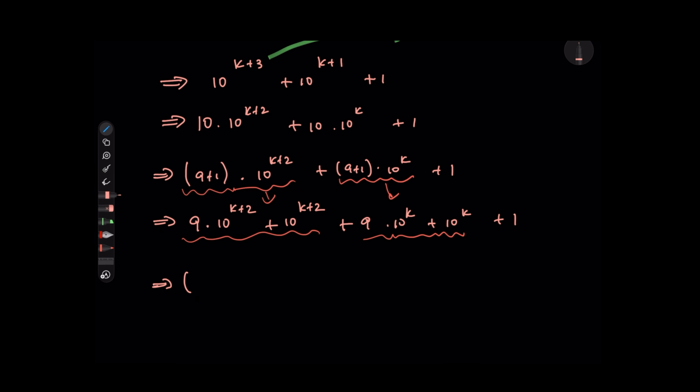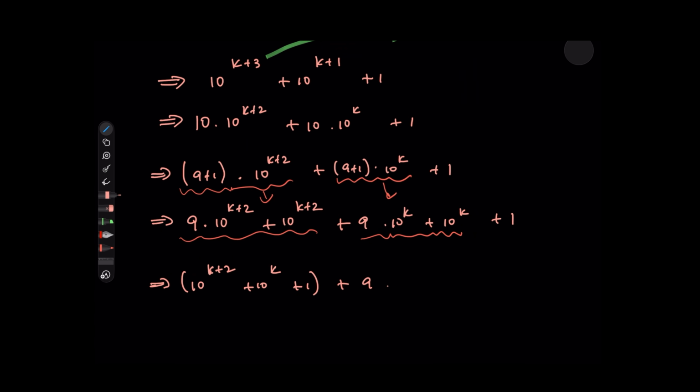So I'm going to get 10 to the power of k plus 2 plus 10 to the power of k plus 1 plus, and then all the other terms like this one here and this one here, I'm going to just shove down to the end, right? Plus 9 by 10 to the power of k.